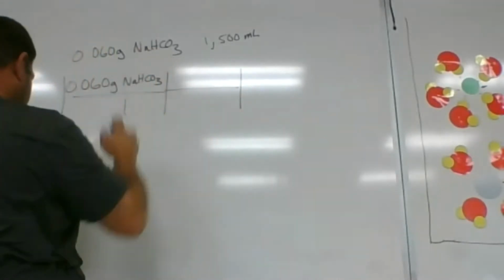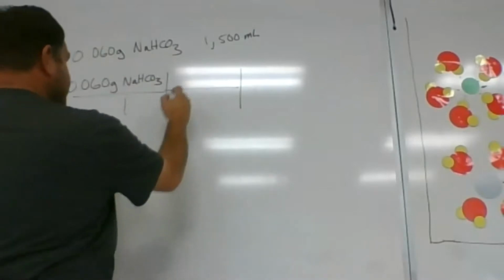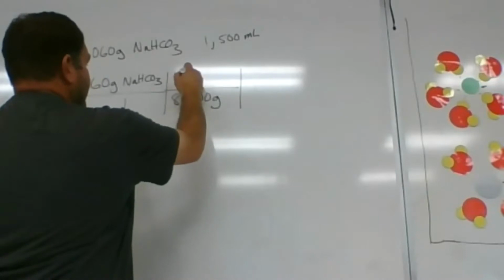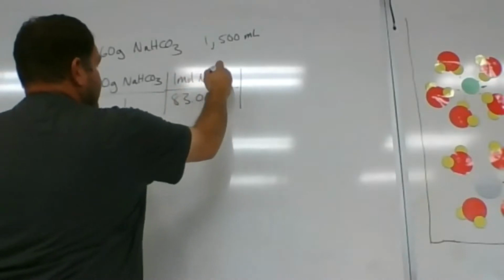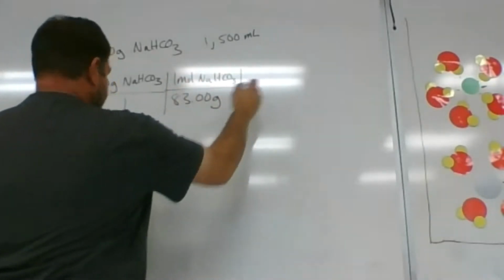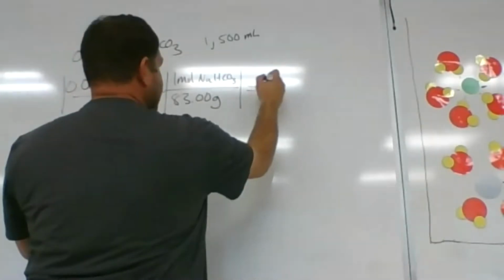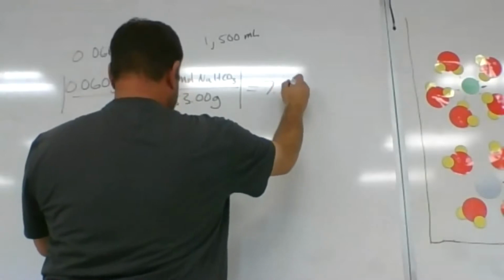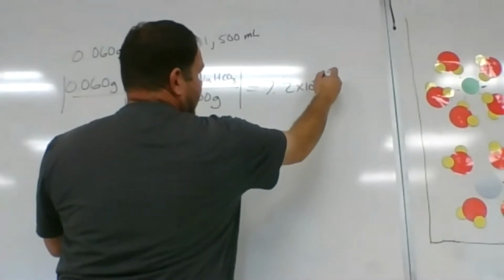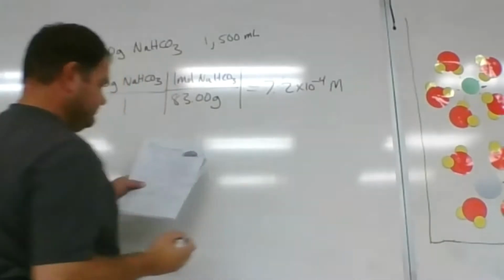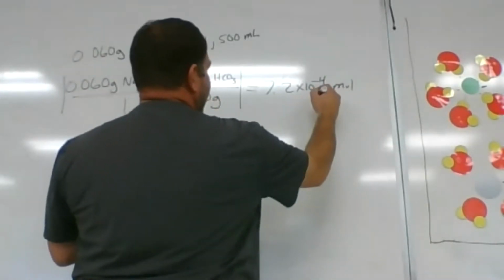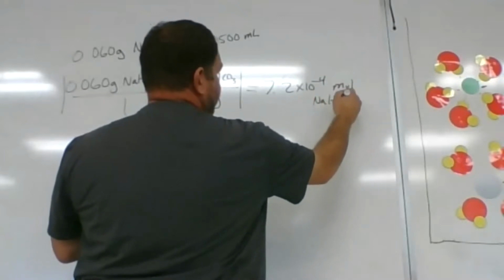I already found the molar mass of that, which is 83.00 grams to 1 mole of sodium bicarbonate. And that gives me moles, in scientific notation because it's really small, 7.2 times 10 to the minus 4 moles, not molarity, moles, okay, of sodium bicarbonate.